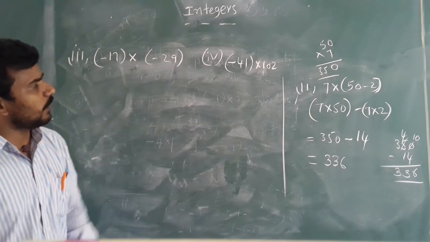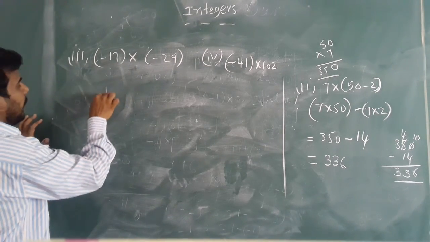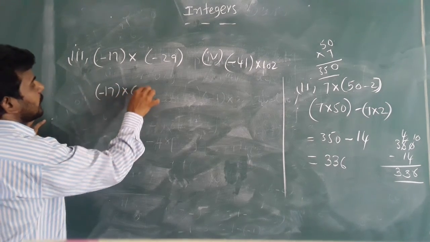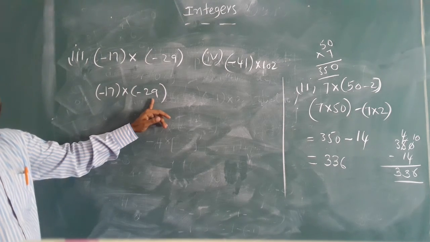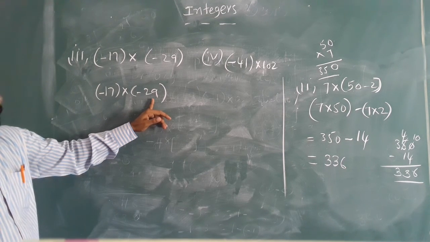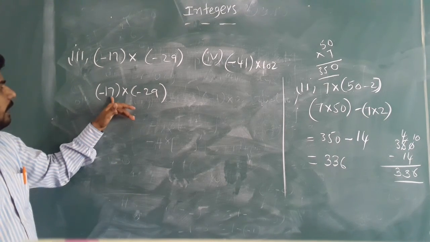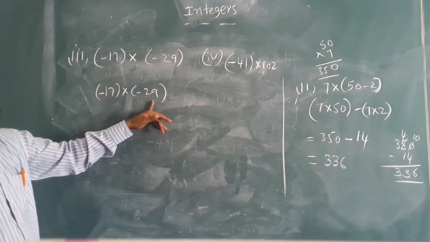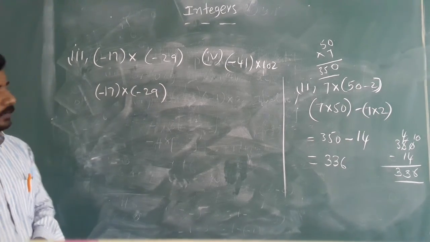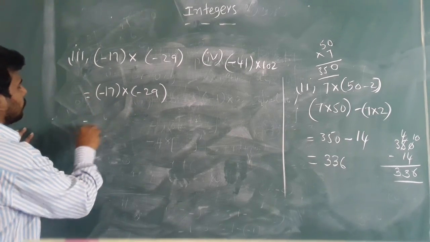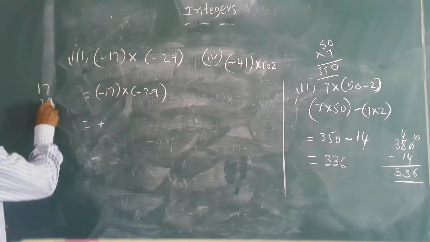Fourth one, minus 41 into 102. First take the third problem, minus 17 into minus 29. See, children, this is an integer. This is also an integer. What about the closure property? If you take any two integers, a into b equals c. So a value is minus 17. B value is minus 29. This result is the C value. So minus into minus is plus.